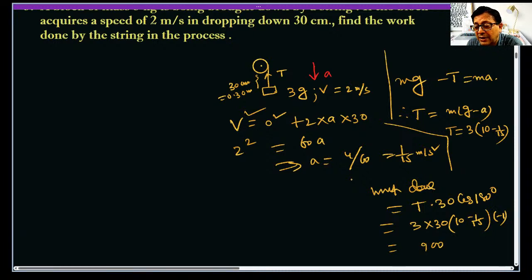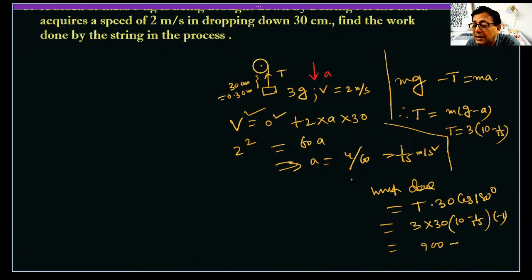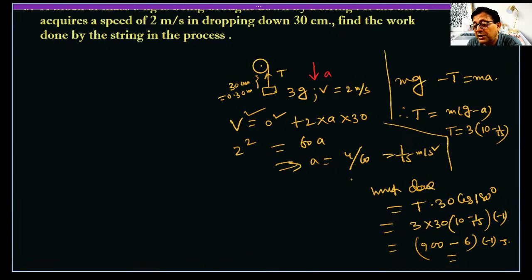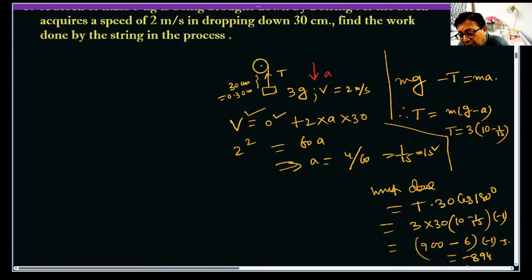So 900 minus 6 into minus 1 joules. So this is nothing but minus 894 joules. Am I clear? This work done has to be negative.